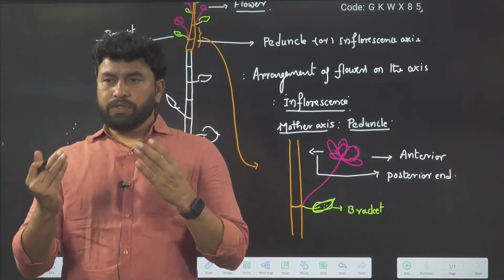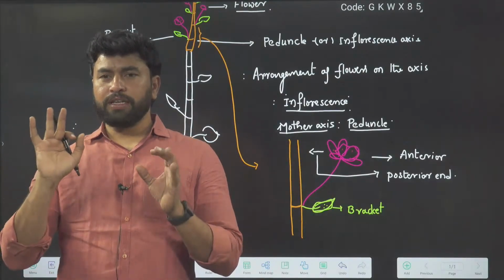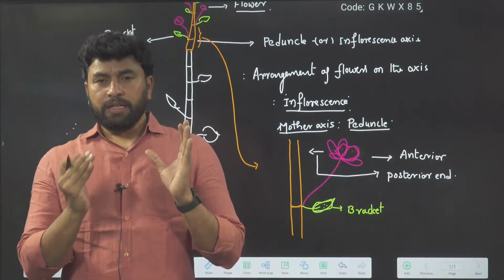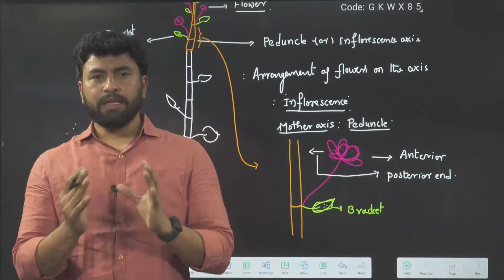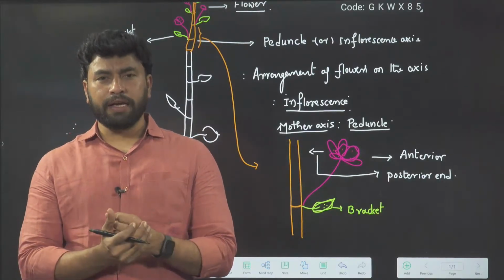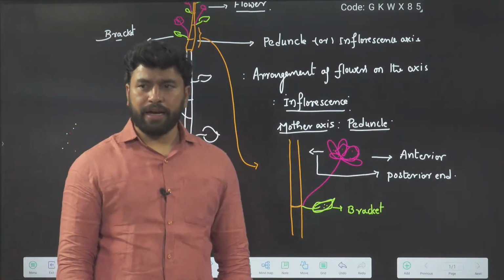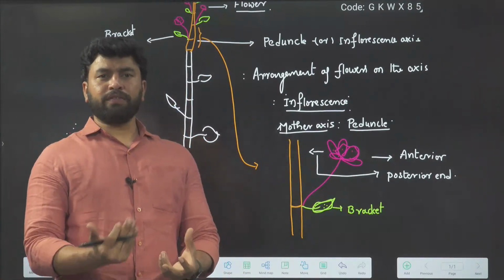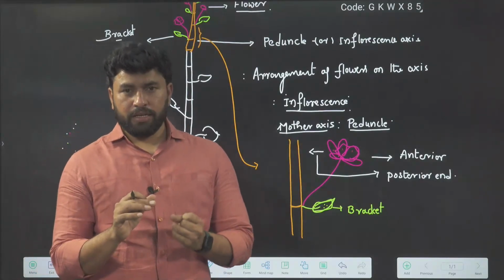One is posterior face, another one is anterior face. What is anterior face? The face of a flower away from the mother axis. Mother axis is nothing but peduncle. The face of the flower away from the mother axis, anterior face. The face of the flower towards the mother axis, we call it as posterior.